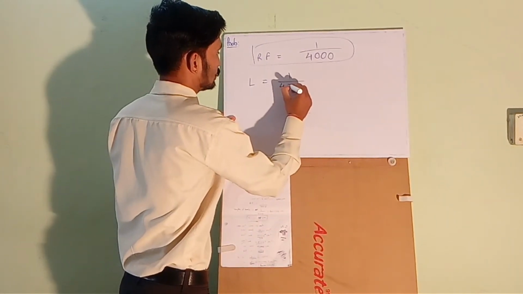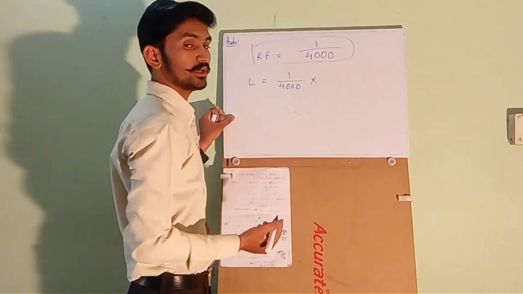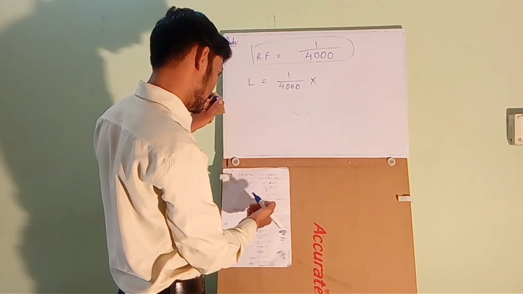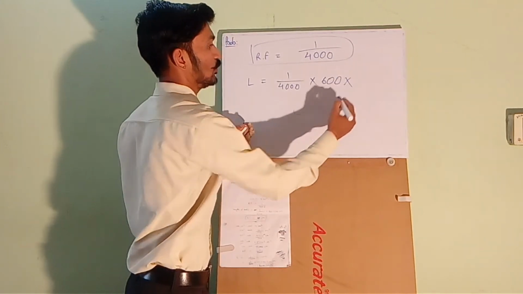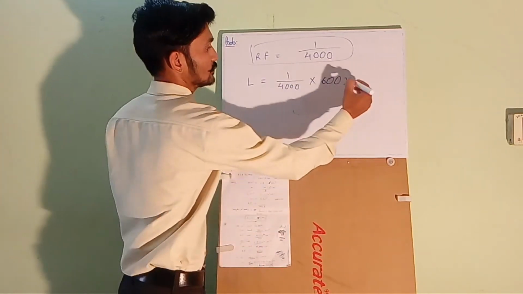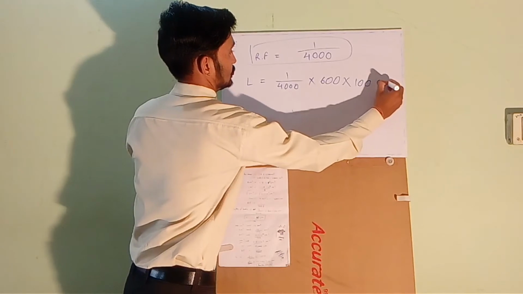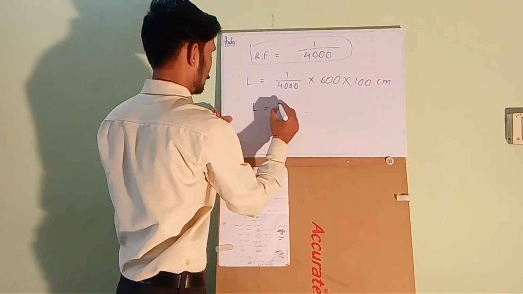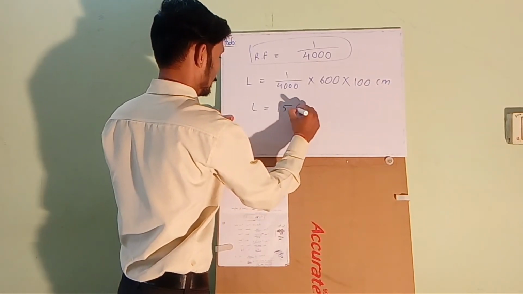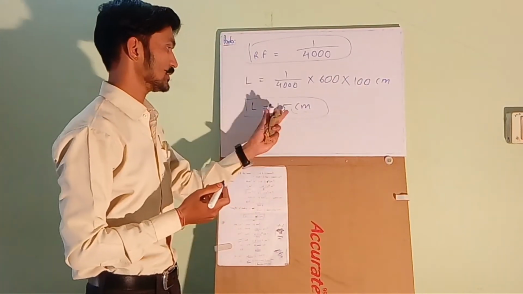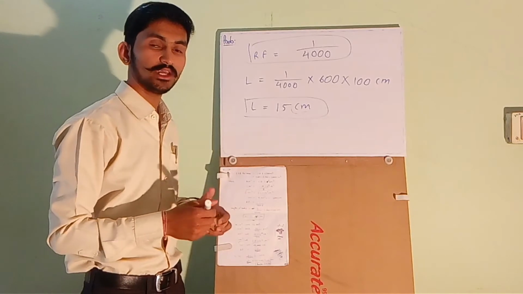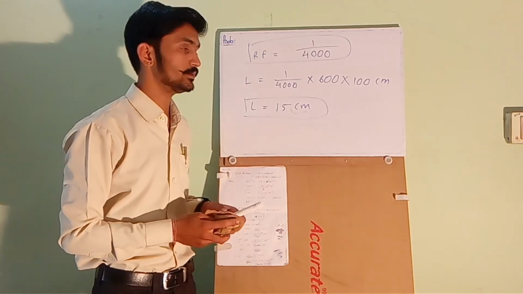RF is 1 by 4000 and maximum length to be measured is 600 meters. We have to convert meters into centimeter, multiplied by 100 centimeter. On calculating this we get 15 centimeter. So the length of the scale is 15 centimeter.